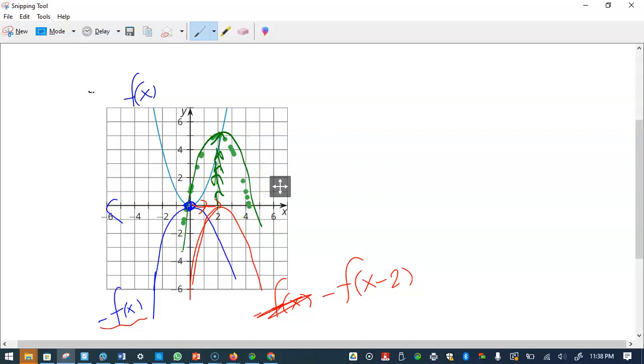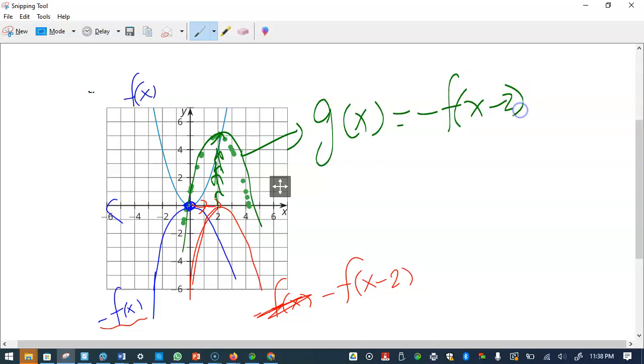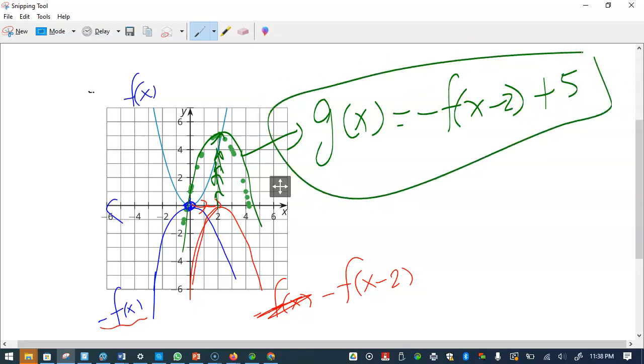So that means the g of x graph is: first reflect over the x-axis, shift to the right, and then add +5. And see, such a beautiful expression you get. And this is how we are supposed to write.